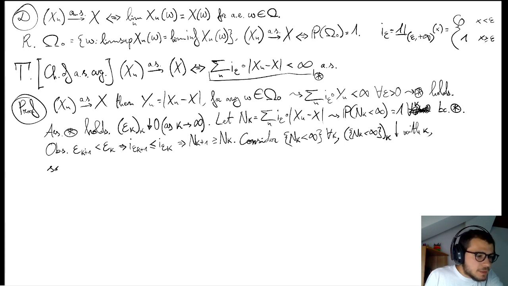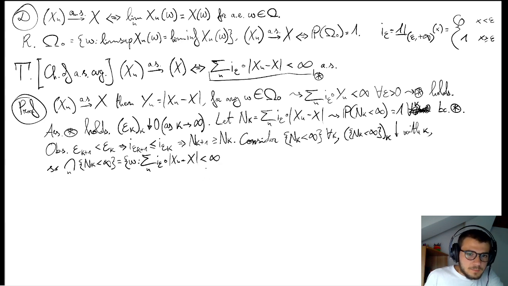So what can we say now? The intersection of these events, N_k finite, is the set of outcomes in which the sum over n of I_epsilon applied to Xn minus X is finite.